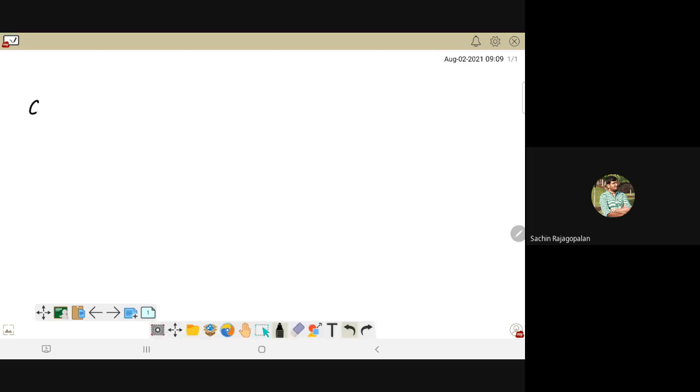So I have pyruvate, which is a 3-carbon compound, which looks something like this. This is pyruvic acid, or pyruvate, as we call it. I have a coenzyme over here, which is coenzyme A. It has a sulfhydryl group. And I have an NAD, which is going to participate. Okay.